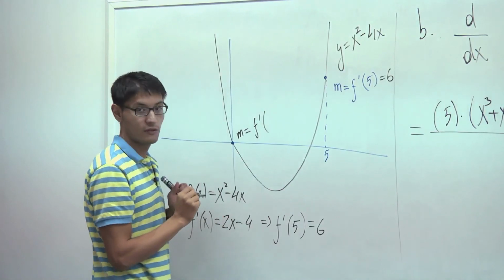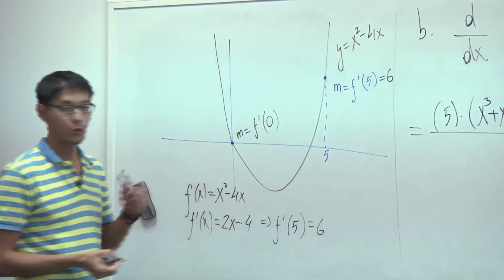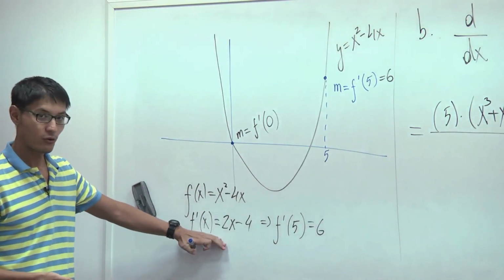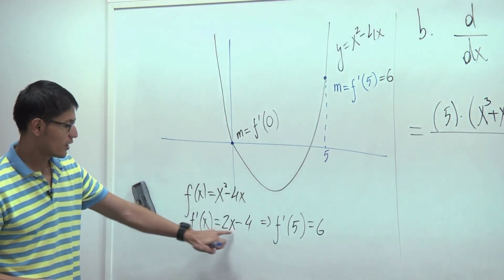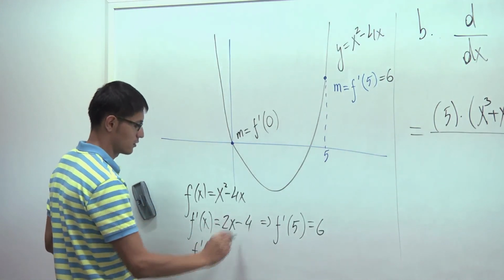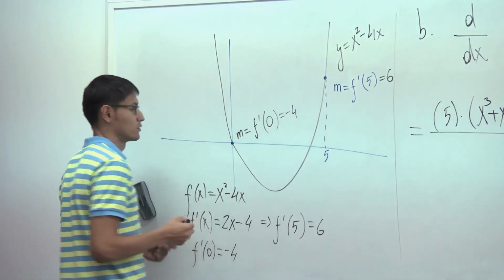And what's the x-coordinate of this point? Well, the x-coordinate of that point is 0. So the slope will be f prime of 0. Again, go back to the f prime formula. F prime of 0 would be, just put 0 in here, and you get negative 4. So the slope here is negative 4.